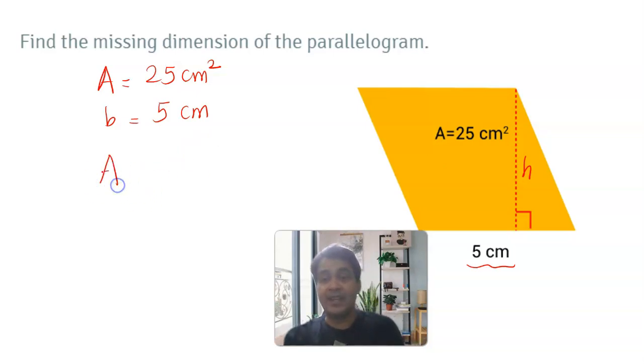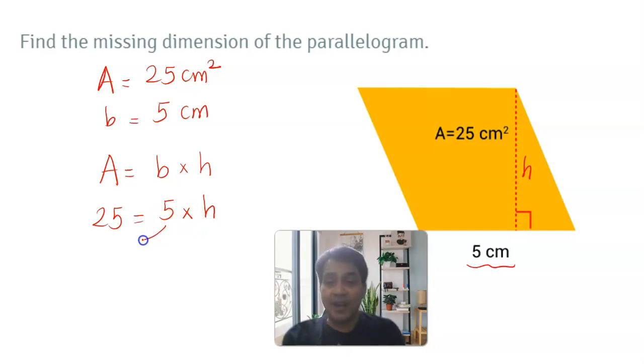So let's use the area formula. Area equals base times the height. Area we know, let's substitute. Area is 25. Base we know, which is 5. And the height, we don't know height, so we keep the height as it is. Now how do you find the height? To find the height, you have to move 5 to the left hand side. When it moves to the left hand side, the multiplication will become division.